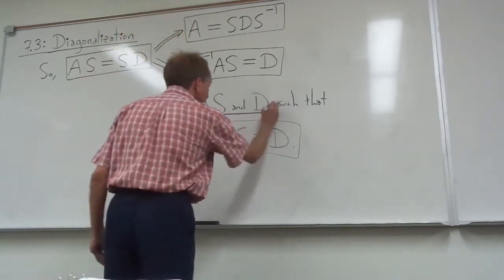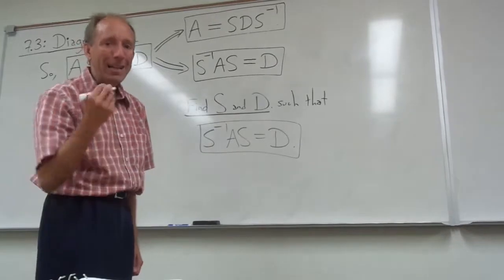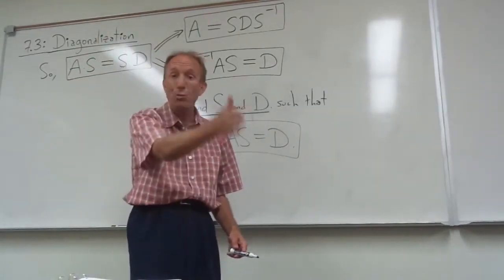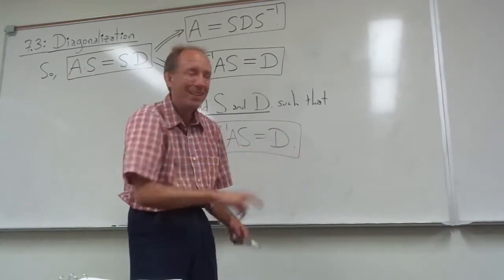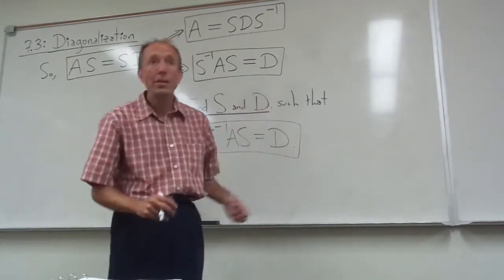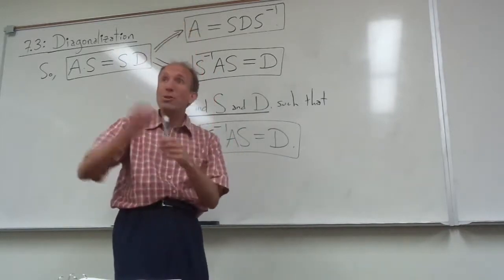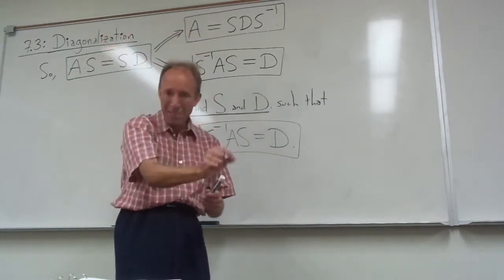Find the S, which is very easy. It's just the matrix whose columns are the eigenvectors. And find D, which is even easier. You just write down a diagonal matrix with the corresponding lambdas down the main diagonal.